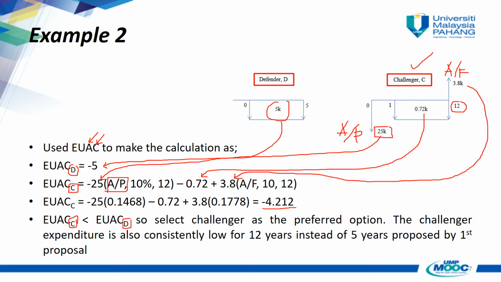So we will select the challenger as our preferred option. The challenger expenditure is also consistently low for 12 years, instead of the 5 years proposed by the first proposal.